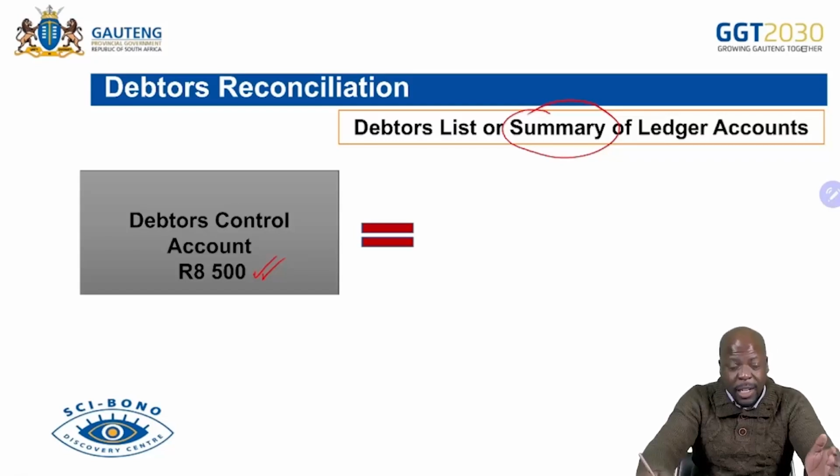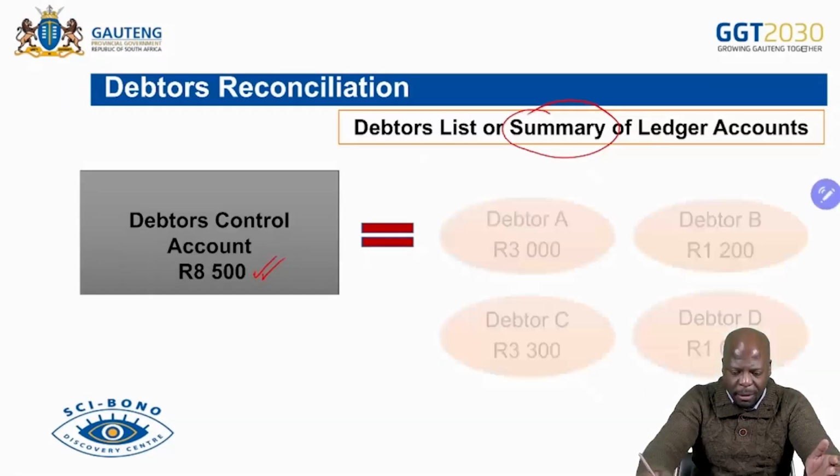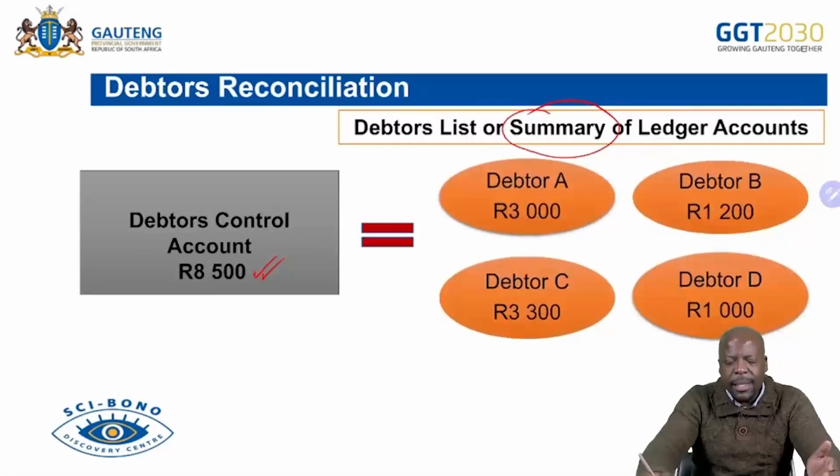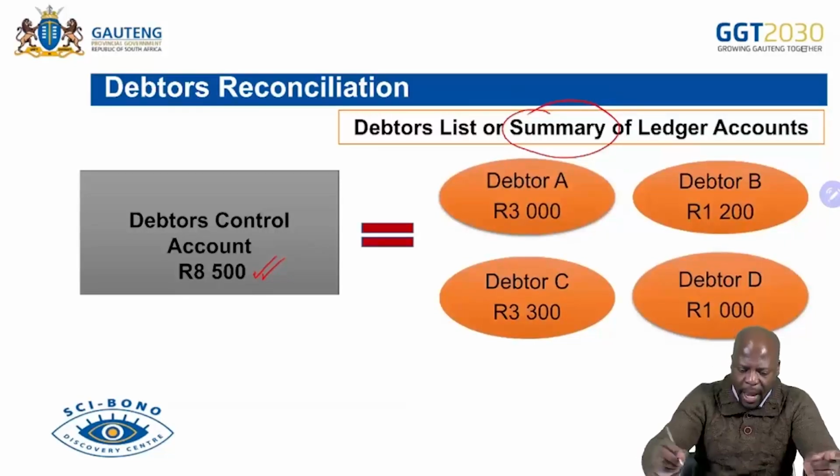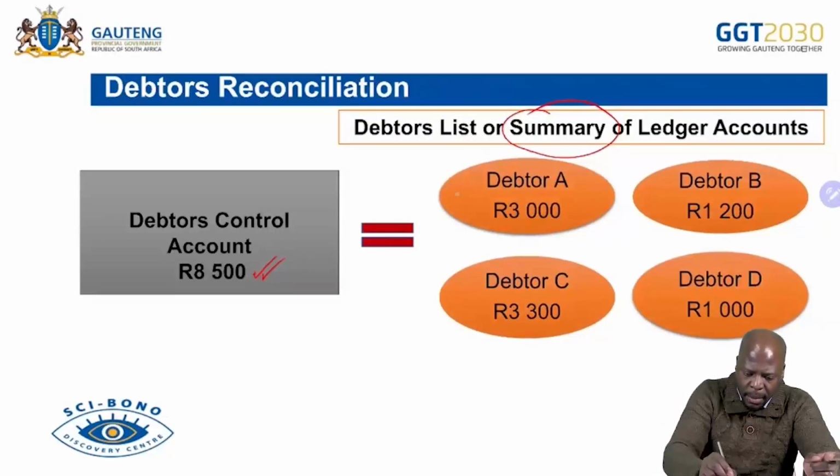So if in our debtors control we have 8,500, in the list it will appear as debtor A, which becomes our debtor number 1, then debtor B becomes our debtor number 2, then debtor C becomes our debtor number 3, and then debtor D becomes our debtor number 4.